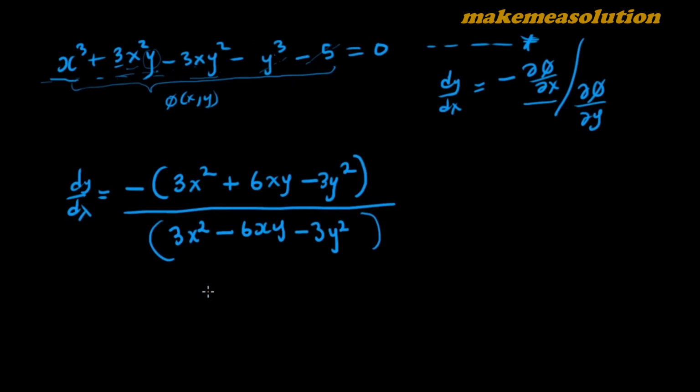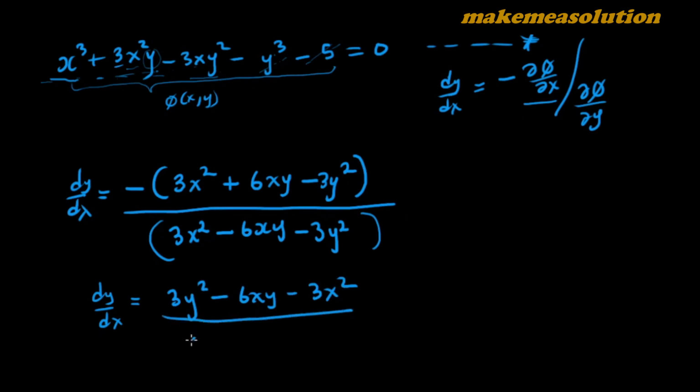Another way of writing this dy dx is by opening the brackets. Opening the brackets with this minus sign, I'll get 3y squared minus 6xy minus 3x squared over 3x squared minus 6xy minus 3y squared.